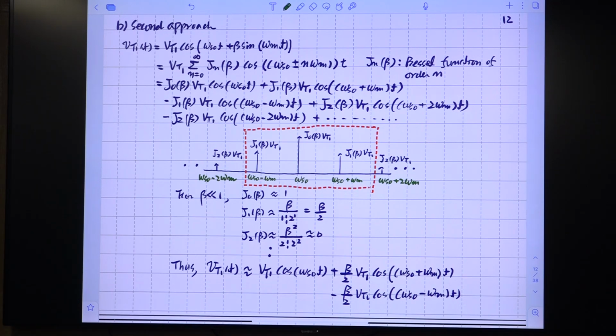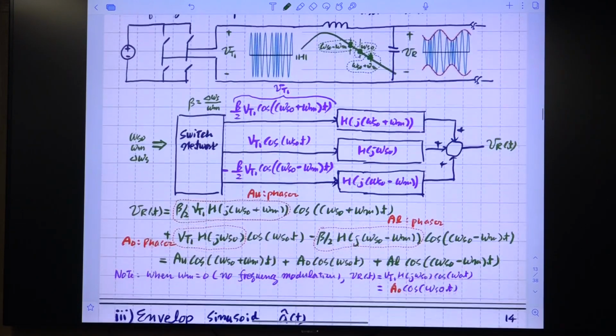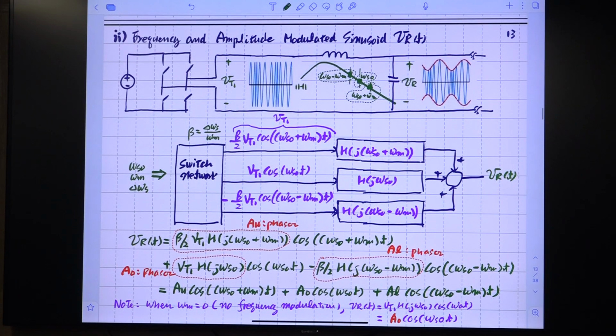Then this is the graphical representation of the result. This is the Planck function. So the input of this process was 3 things. One is this unmodulated switching frequency, and this is the modulation frequency, and this is the magnitude of modulation. 3 things are input variables.